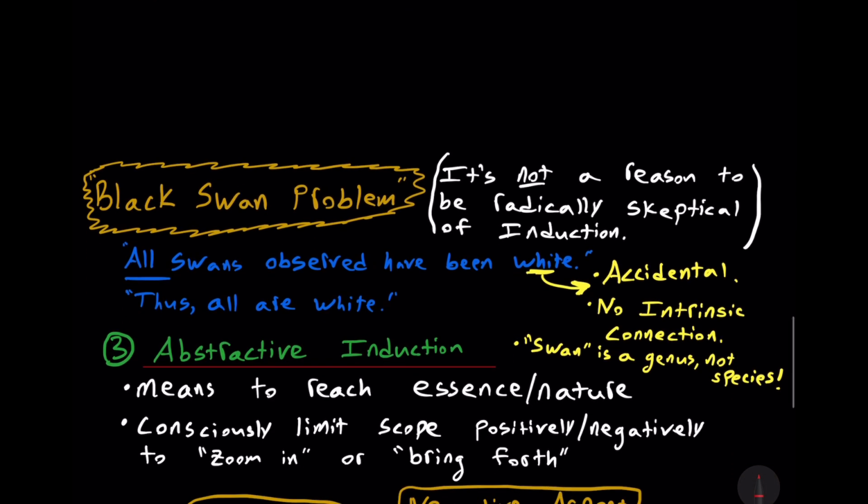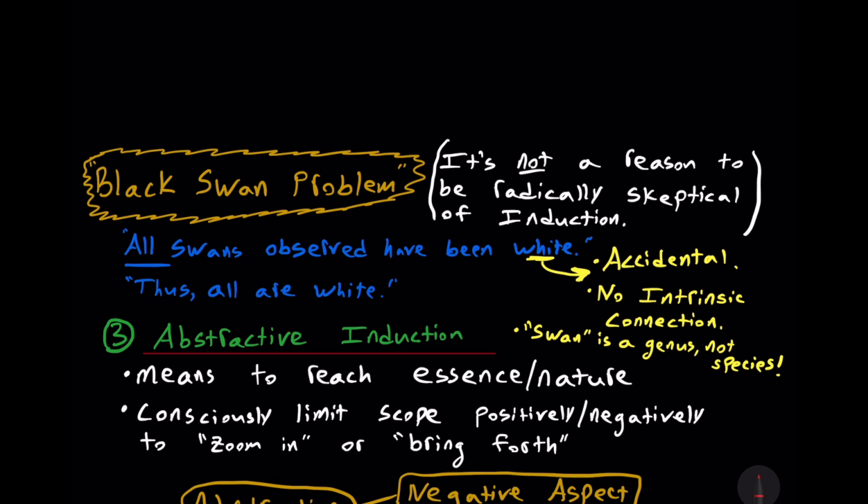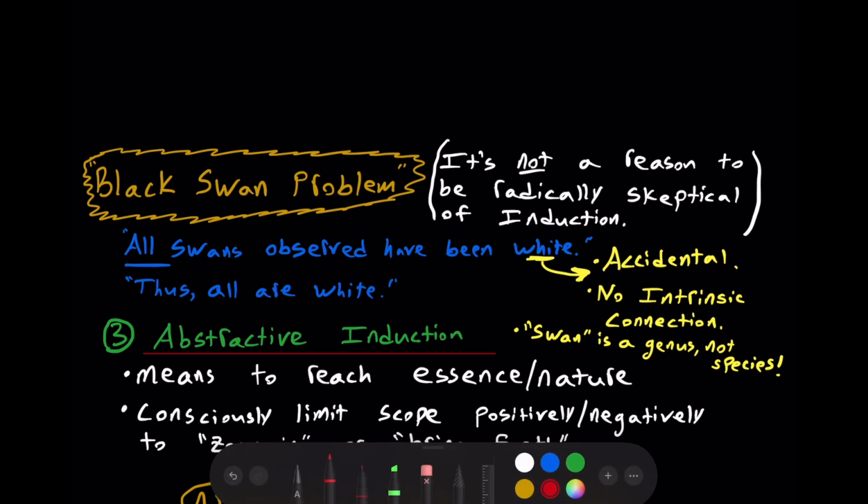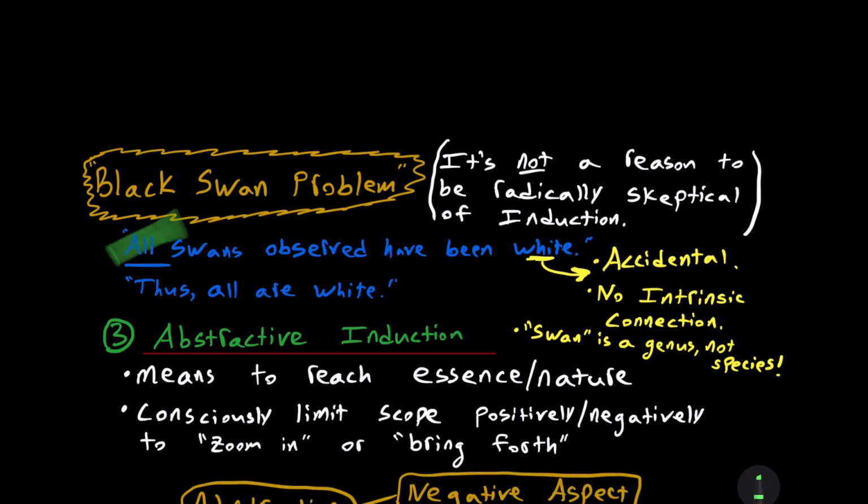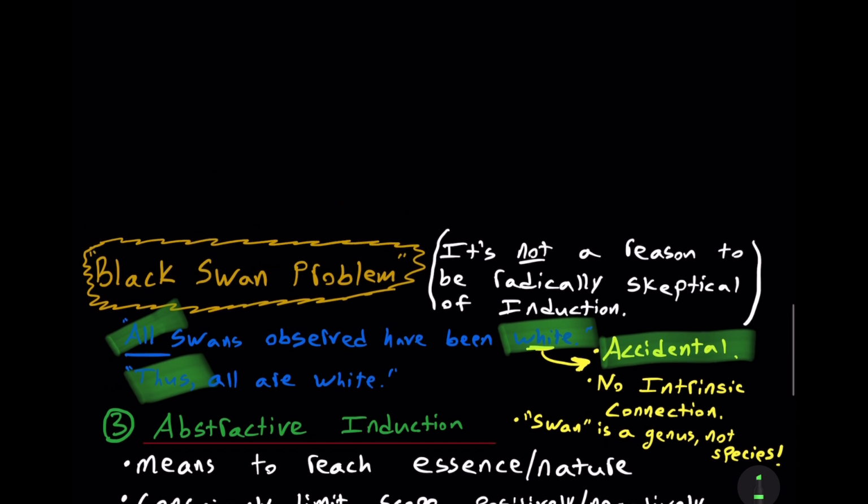This black swan problem is not a reason to be radically skeptical of induction. So all swans observed have been white, thus all swans are white. But note that the attribute of whiteness is accidental. There's no intrinsic connection. There's no necessary connection. Moreover, swan is a genus, not a species. So this is accidental.